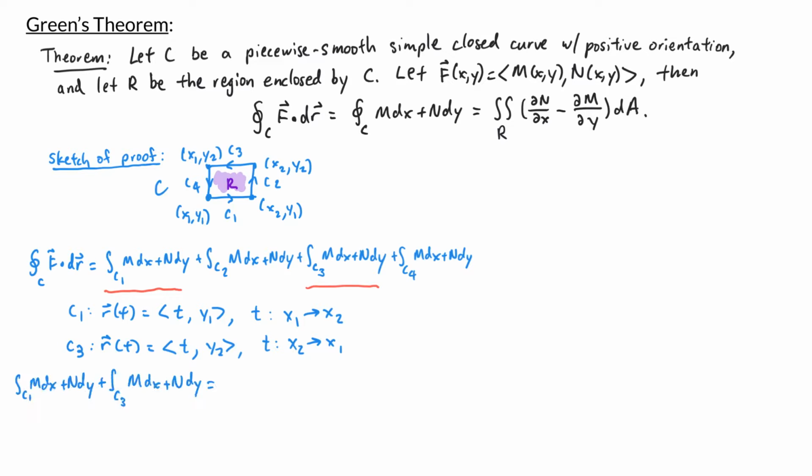So if we just look at the line integrals over C1 and C3, we have the integral from x1 to x2 of M dx. Well, M, plugging in our parameterization, will look like M(t, y1). dx is x'(t) dt, but in our case, x'(t) is 1, so we have times 1 dt, and then we have plus N dy.